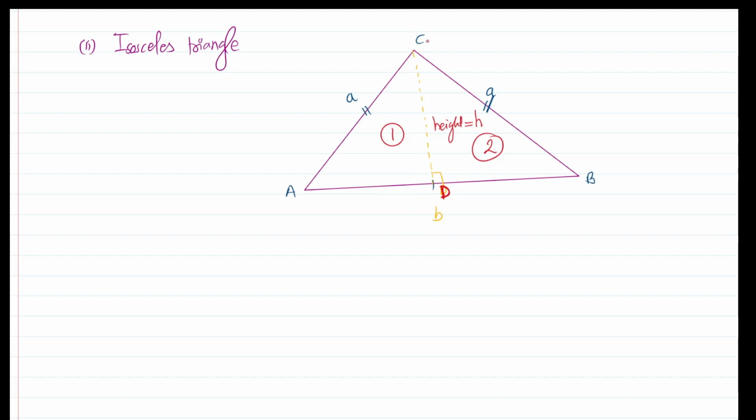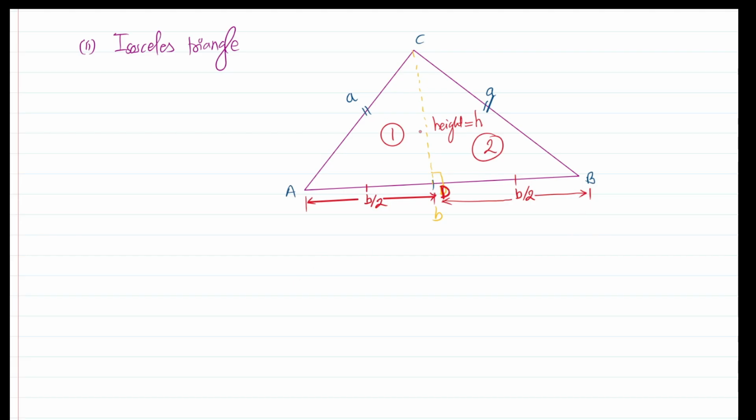If we draw a perpendicular from C to the opposite side AB, this perpendicular line will bisect the base, and this will be B by 2, and this will be B by 2.